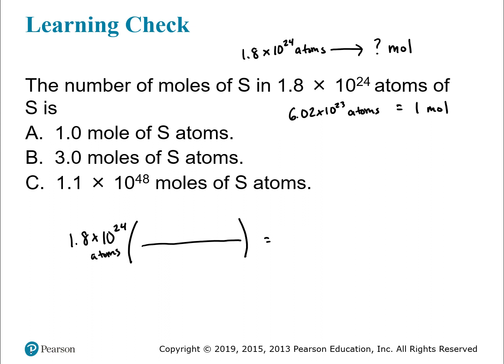Let's write our conversion factor. We have atoms in the numerator. So that means atoms needs to go in the denominator to cancel. So we're going to write Avogadro's number in the denominator. That leaves moles to go on the top.